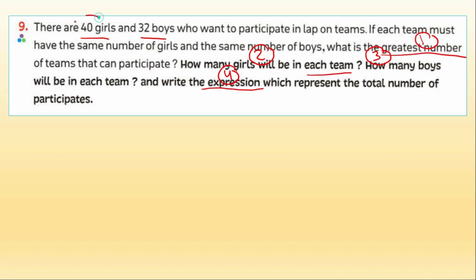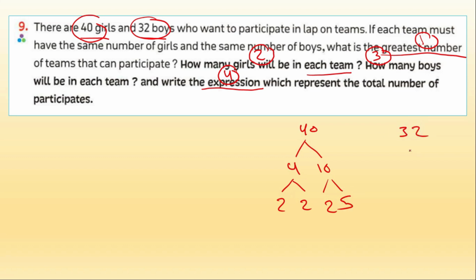First, we do the factorization as usual for the two numbers we have, the 40 and the 32. We take the 40 equals 4 times 10. The two numbers are composite, so we factorize: 4 is 2 times 2, 10 is 2 times 5. And then 32 equals 4 times 8.